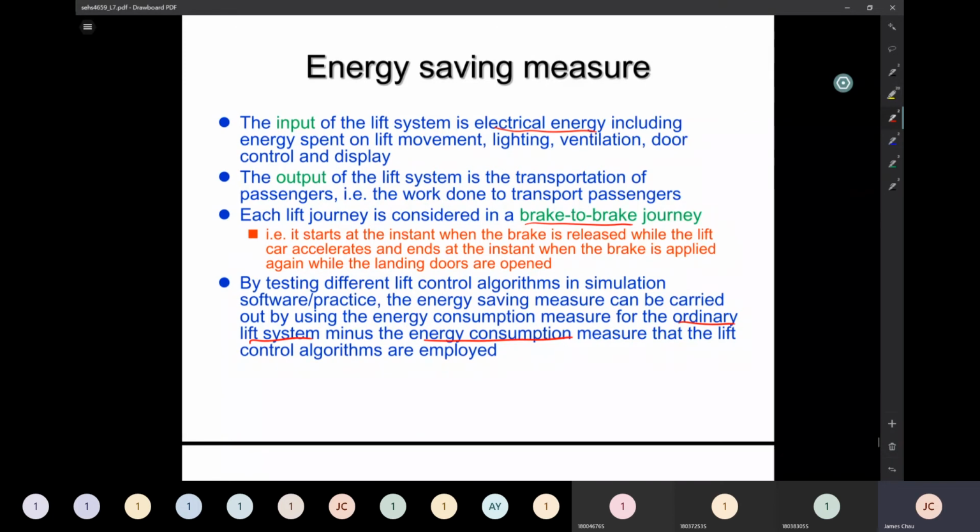Okay, now the method is very simple, so I think it can easily be understood, because if you can save energy by having a lower value for the measurement, it means your system can save a lot of energy.